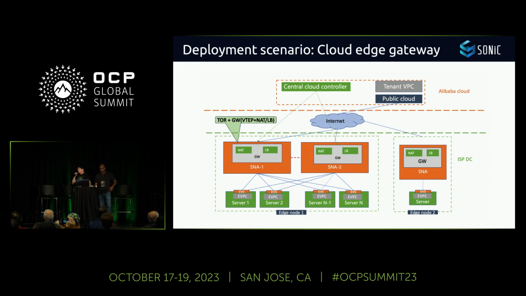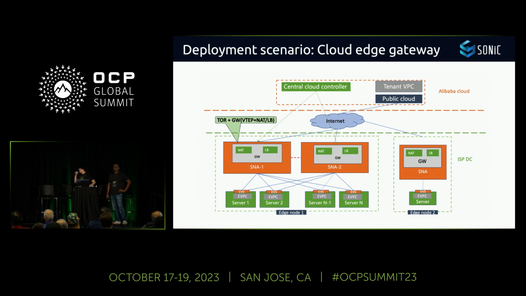We defined a generic model for the Central Gateway and Edge Gateway, so the hardware and software are all the same. So I simply picked the Edge Cloud deployment scenario as an example to illustrate how we build the next generation gateway.